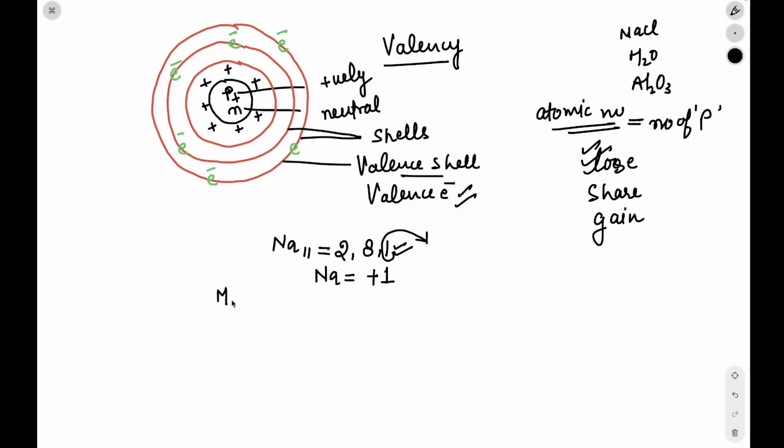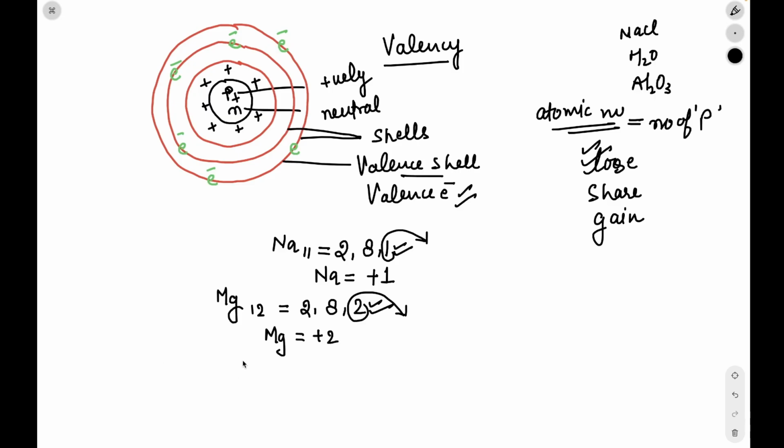In the case of magnesium, the atomic number is 12, so its electronic configuration will be 2, 8, 2. There are two valence electrons. To get stable, it tends to lose both electrons, so its valency will be plus 2.